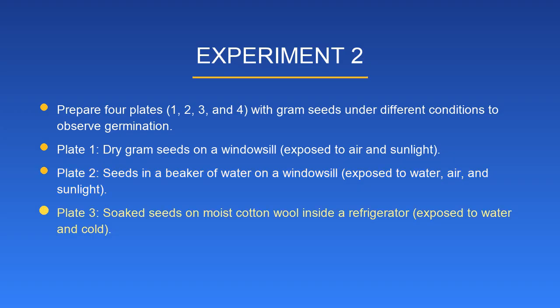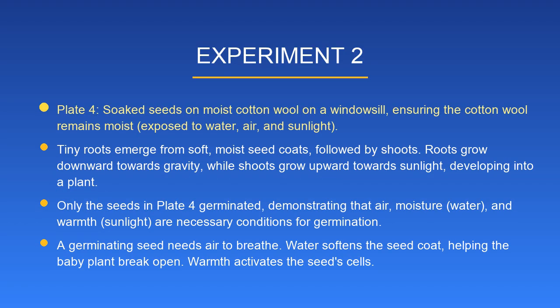Plate 3. Soaked seeds on moist cotton wool inside a refrigerator, exposed to water and cold. Plate 4. Soaked seeds on moist cotton wool on a windowsill. Ensuring the cotton wool remains moist, exposed to water, air, and sunlight.